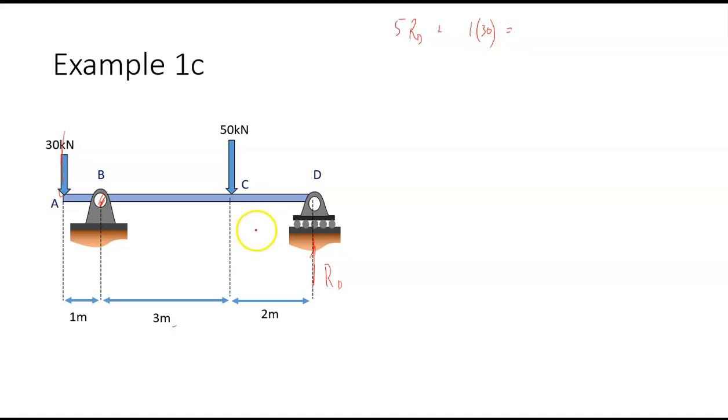That's equal to the clockwise moments, which is 3 by 50. And to solve for that, we get RD is equal to 24 kilonewtons.